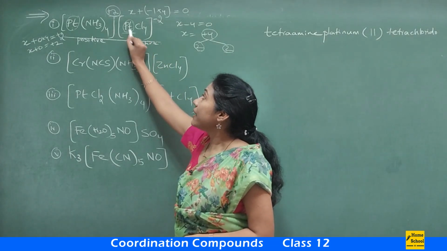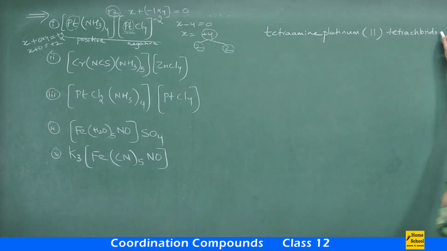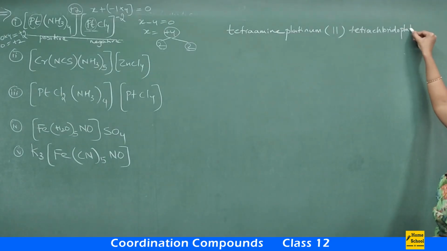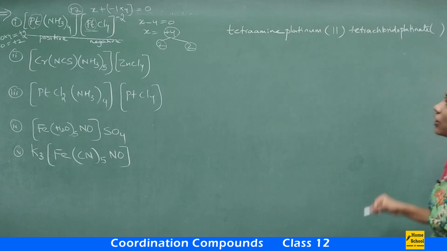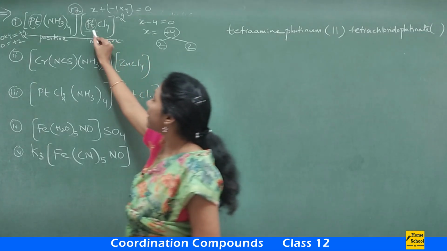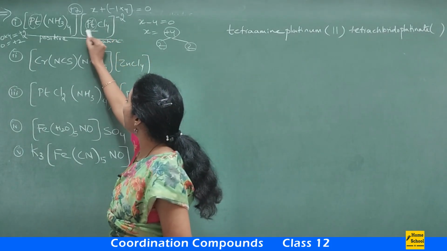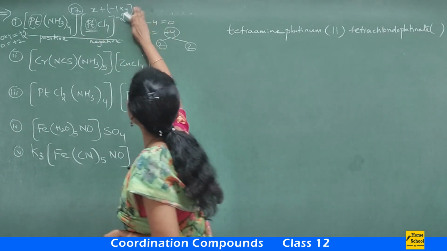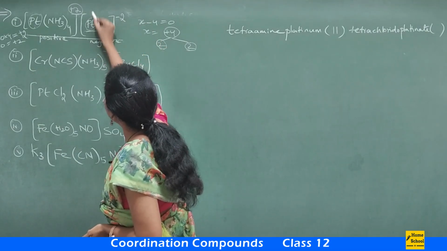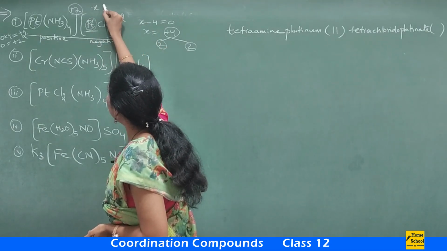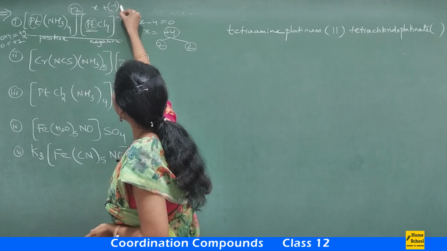Now here platinum is in the negative sphere, right? So we will write its name as platinate. And now mention the oxidation state of this platinum in the brackets. Let's find out the oxidation state of this platinum, X, plus chlorine's charge is minus 1 into 4.